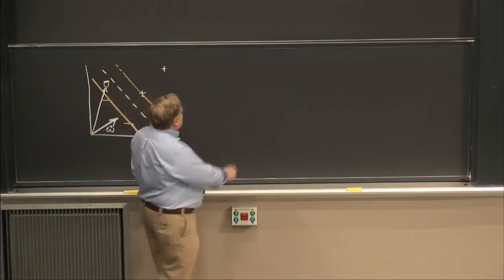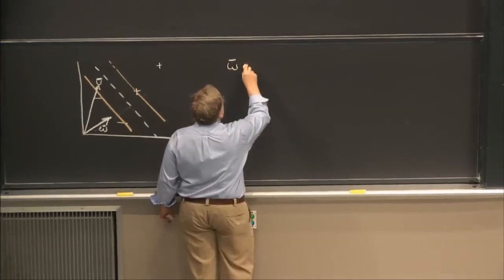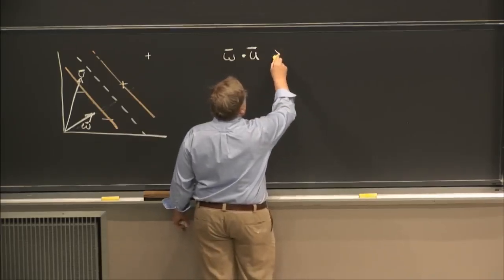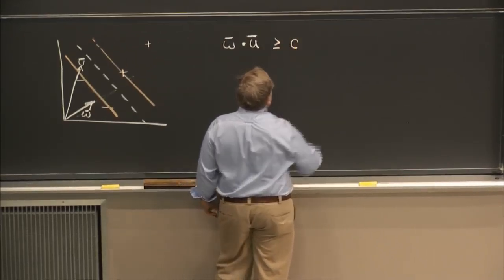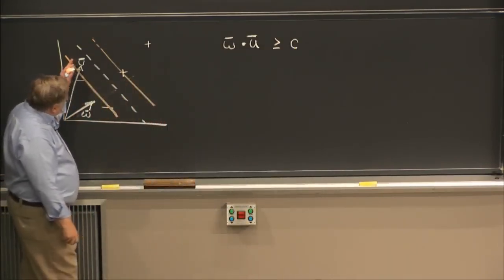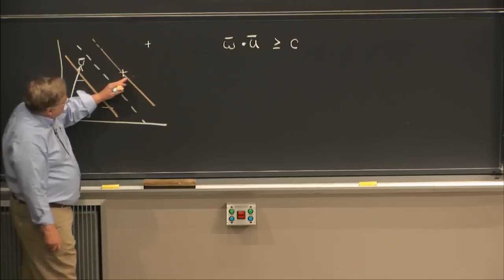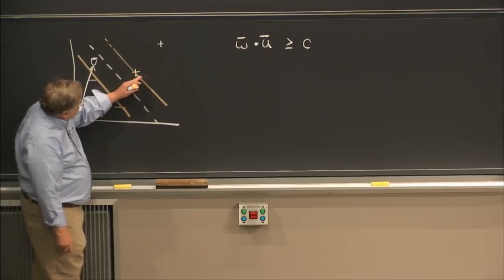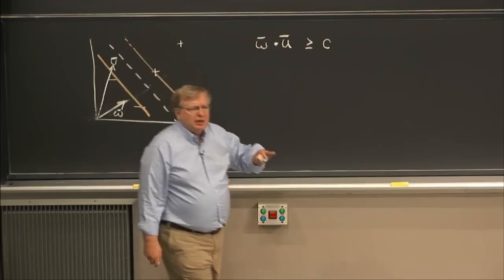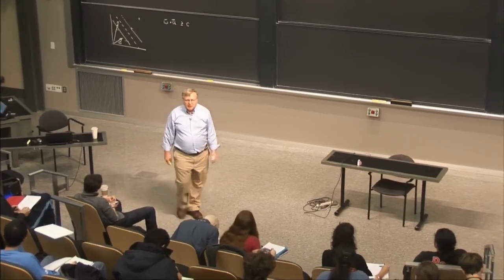So what we can do is say, let's take W and dot it with U and measure whether or not that number is equal to or greater than some constant C. So remember that the dot product is taking the projection onto W, and the bigger that projection is, the further out along this line the projection will lie, and eventually be so big that that projection crosses the median line of the street, and we'll say it must be a positive sample.